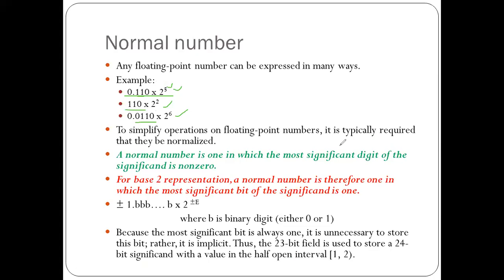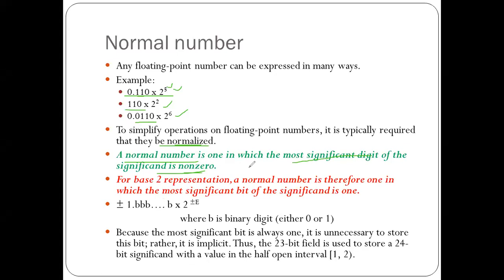So to store any floating point number, which can be expressed in many ways, normalization is performed to simplify this. A normal number is the one in which the most significant digit of the significand is non-zero.